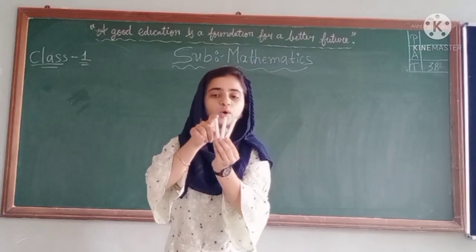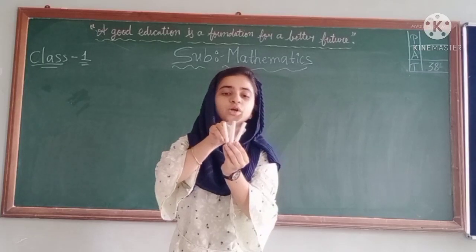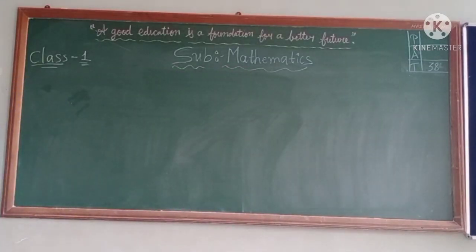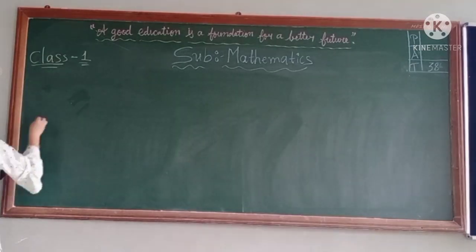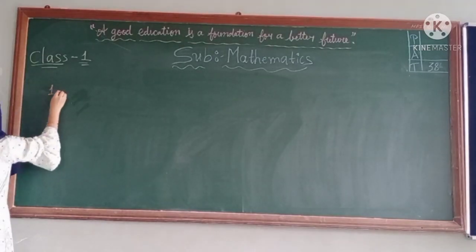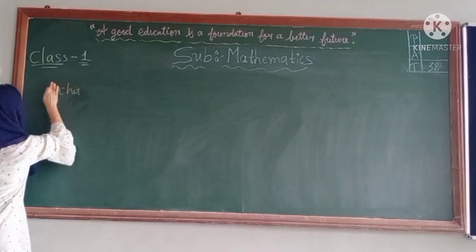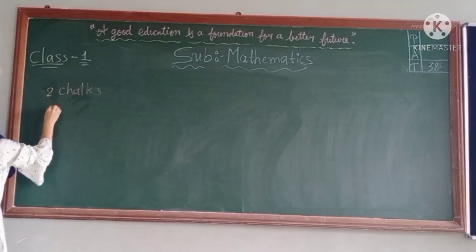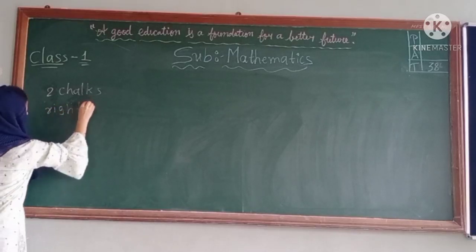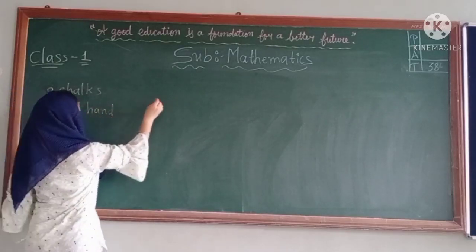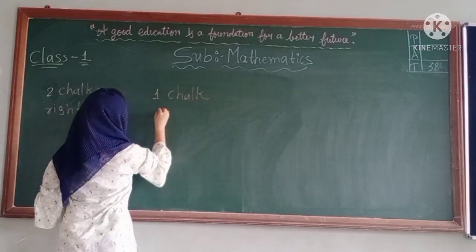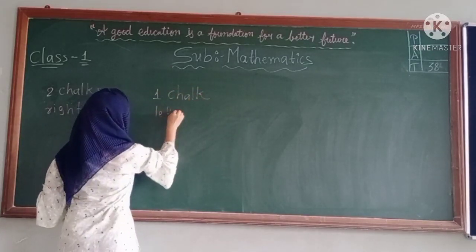So now I will count to find out how many total chalks in my hand. So let's count. 1, 2, 3. How many students? 3. So here first I am having two chalks in my right hand, right? Then I am having one chalk in my left hand.